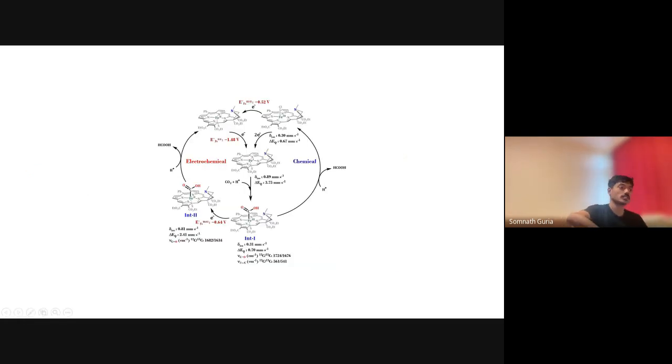Okay, now we have another interesting one. This is the iron chlorin complex, with an iron center similar to a porphyrin system.